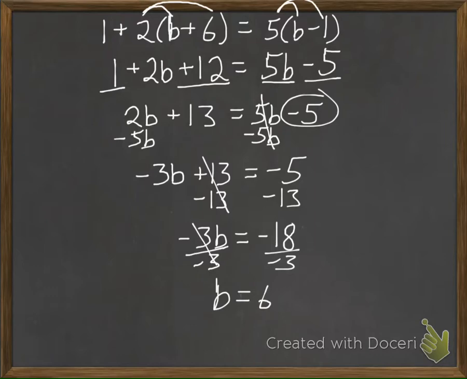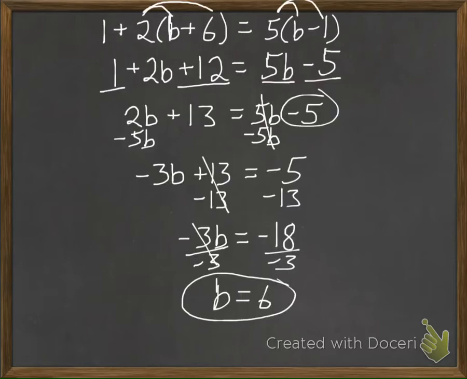Now, once again, this is our solution. We believe that b equals 6, but if we want to make sure, and it's always a good idea in a multi-step problem to make sure that you're right, we're going to plug that answer in. So b should equal 6.